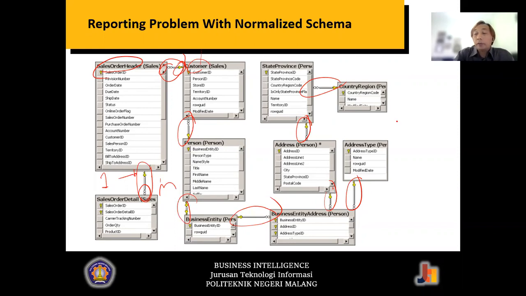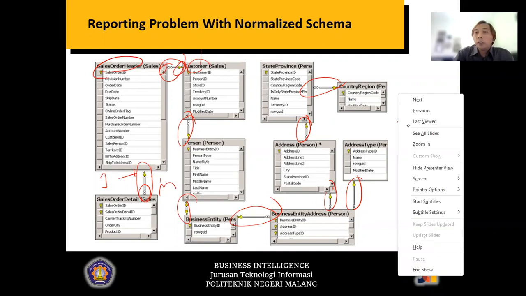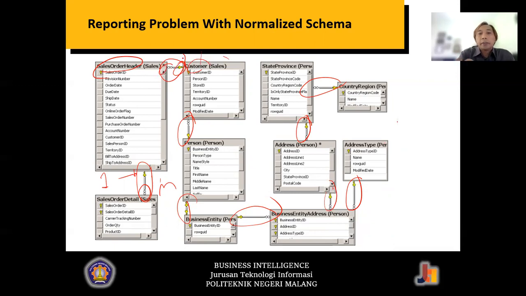So having this kind of condition, if you wanted to know the customer transactions within months, you will need to join multiple tables.